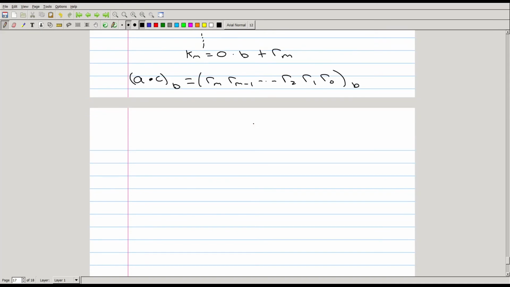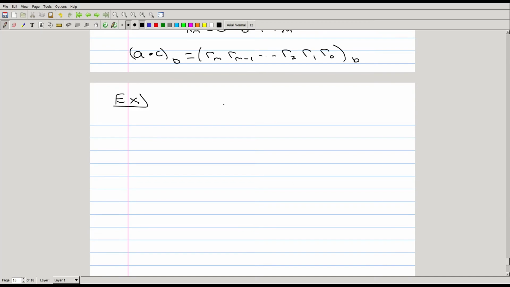And so to illustrate this idea in an example, let's go through and compute this. We'll use the numbers A is equal to 110 base 2, and C is equal to 101 base 2.